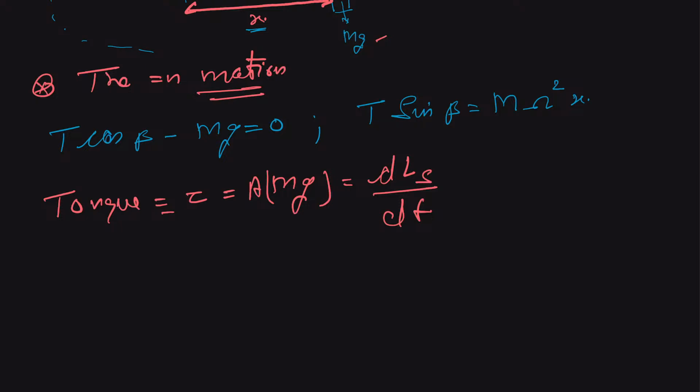So from here we can write that this will be equal to omega times Ls, and Ls is I naught multiplied by omega s. Okay, so this will be equal to omega times I naught and omega s.